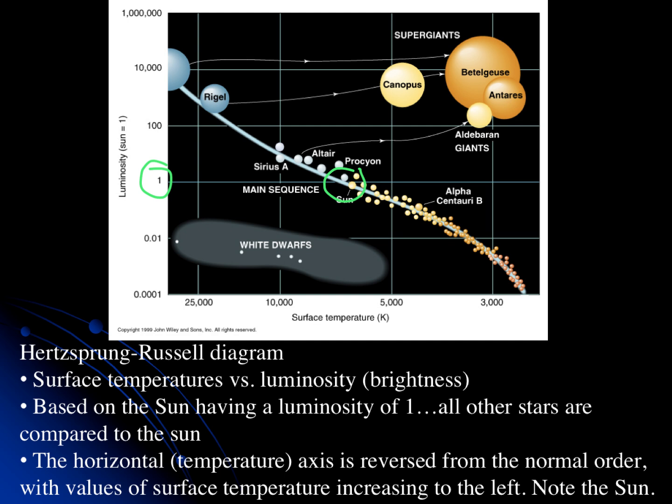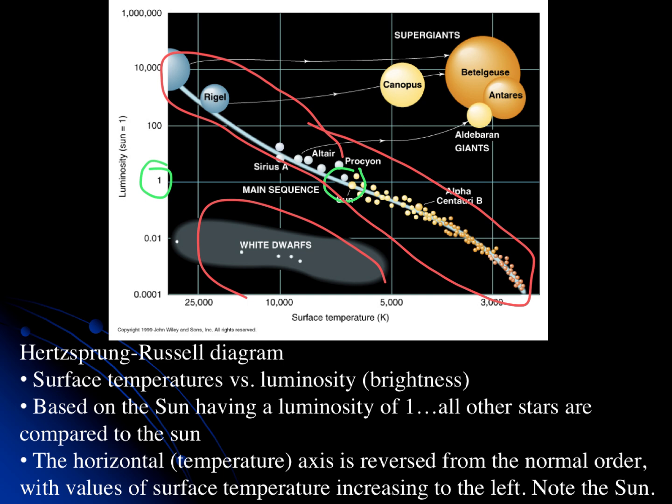What you will see is that once the graph is constructed, there are 4 main types of stars. The long diagonal from upper left to lower right is called the main sequence. Remember that these are stars in their hydrogen burning phase. Below that line are the dim, dying white dwarfs.